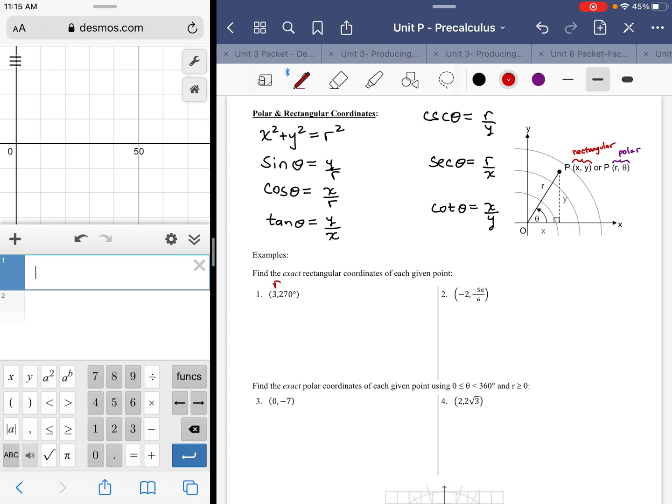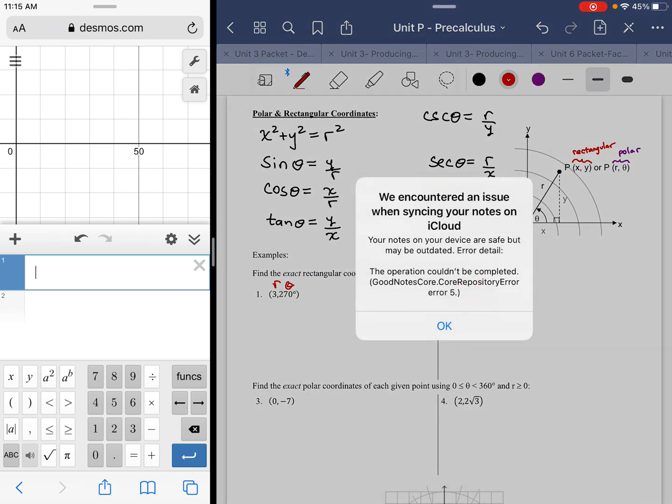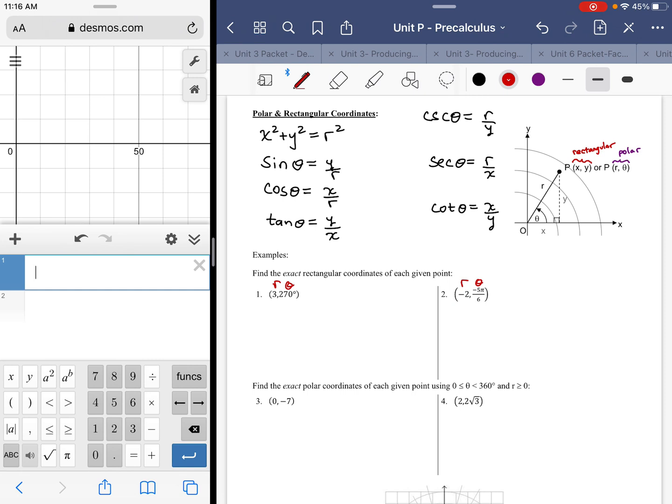Now, if you look at the examples, just find the exact rectangular coordinates given each point. So we're given r and theta. In both cases, r and theta. So I need to be able to come up with an x and a y. It's about to crash on me, I think. We'll find out in a sec. We need to come up with an x and y given an r and a theta.